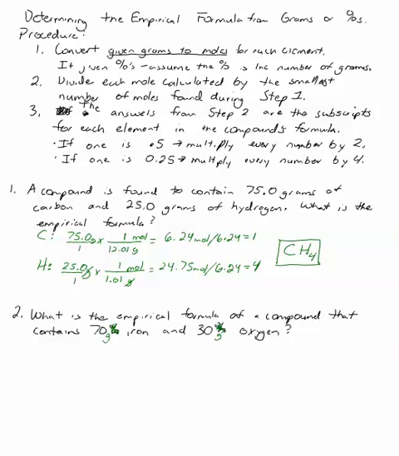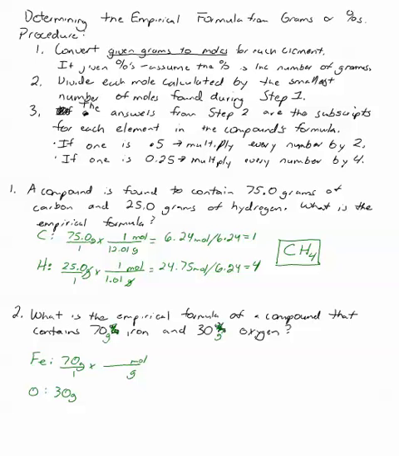Number 2. What is the empirical formula of a compound that contains 70 grams of iron and 30 grams of oxygen? If you remember, we had percents there earlier, and whenever you see percents, just cross them out and put grams instead. Then we convert from grams to moles. I have 70 grams of iron and 30 grams of oxygen.